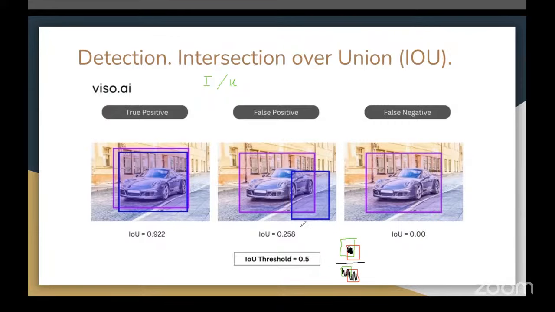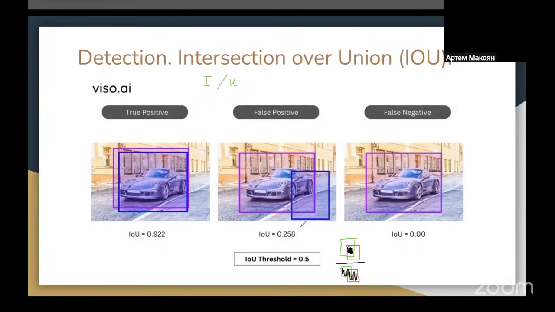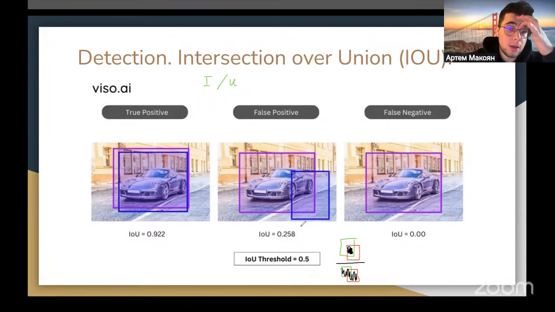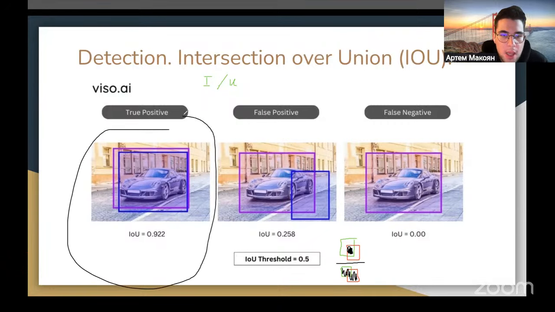But why do we need this? Because in classification, for example, we have a label that it is a human, and we predict that it is a human. Obviously, human equals human, so it's correct. But here we have a label, a purple bounding box, and a prediction, a dark blue bounding box, and they're not equal. How can we say if our prediction is correct or not?